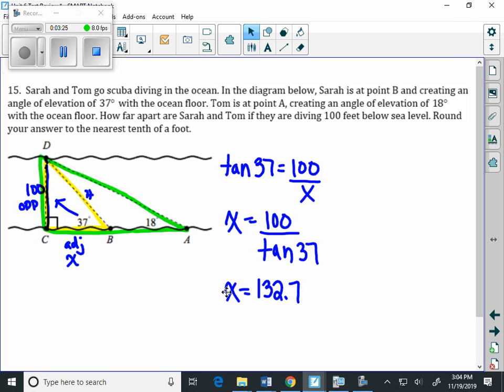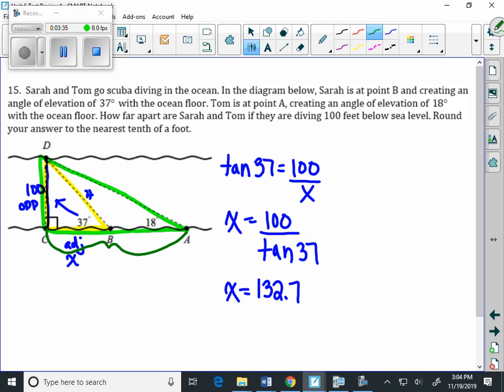So now we need to figure out the green triangle. In our green triangle, when we find this distance, it's going to be this entire length. I'm going to call that length y. And the nice part is, when we're looking at this triangle with respect to 18, across from the right angle is the hypotenuse, and across from the 18 is the opposite.